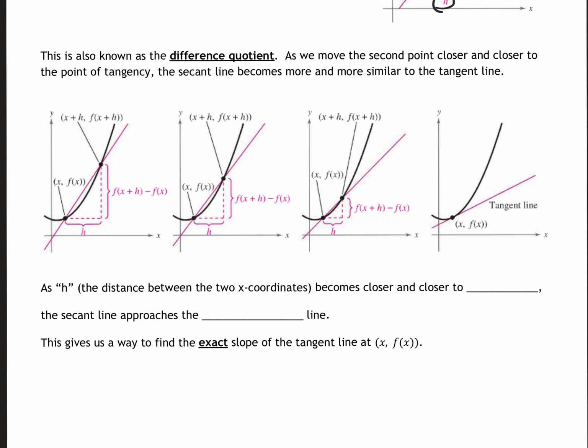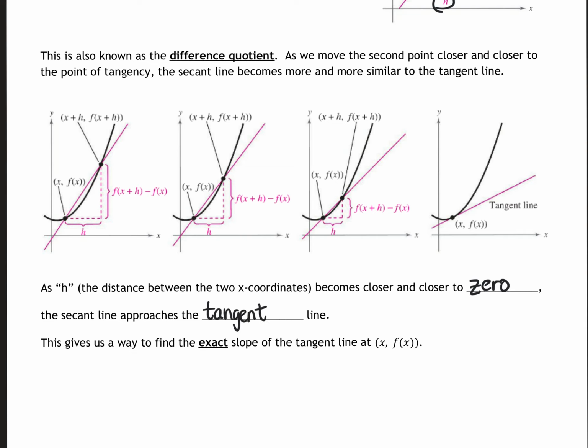That distance that we traveled on the x-axis to get the second point becomes 0. What we end up with when those 2 points overlap and h becomes 0 is what we call the tangent line. So as h, the distance between those two coordinates, becomes closer and closer to 0, the secant line approaches what we would call the tangent line.